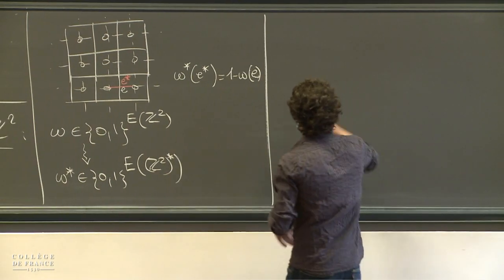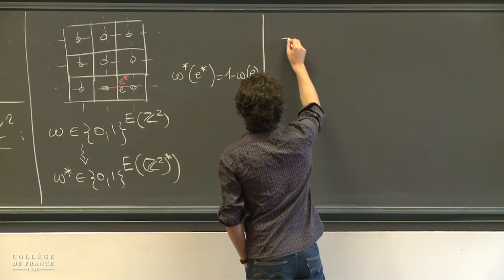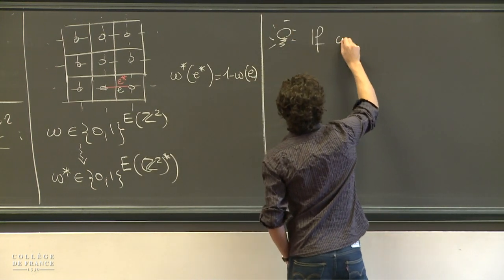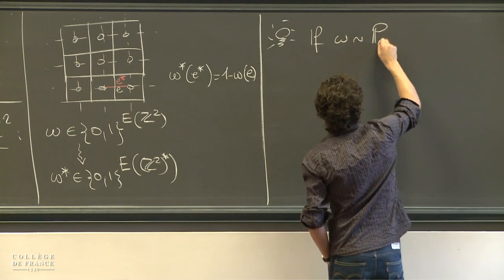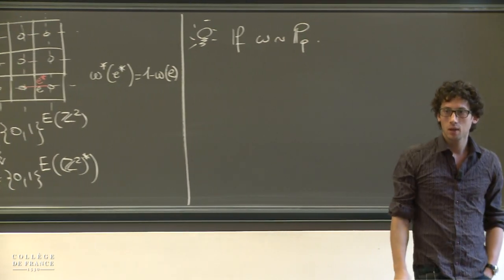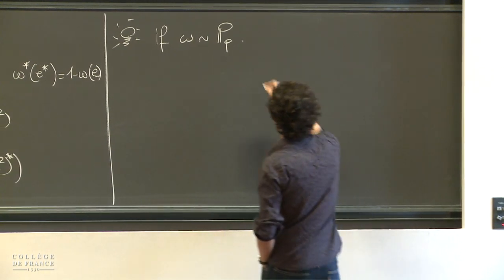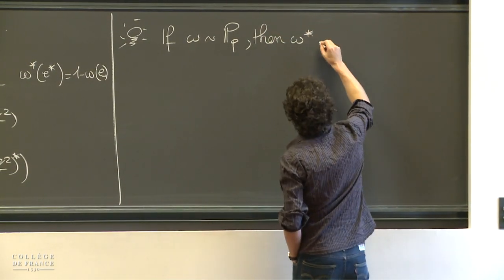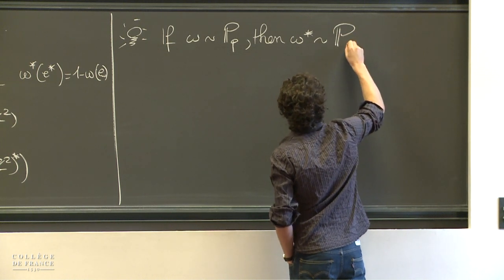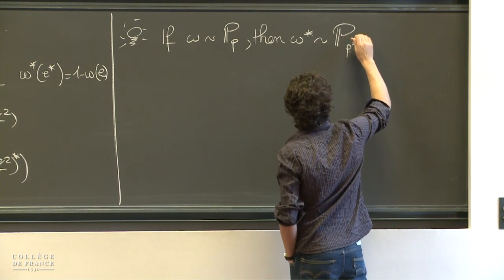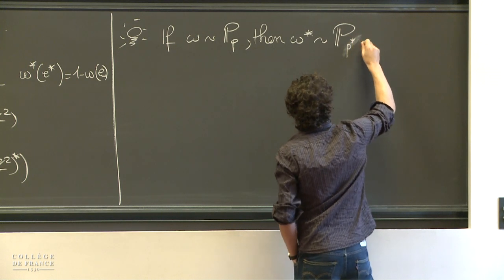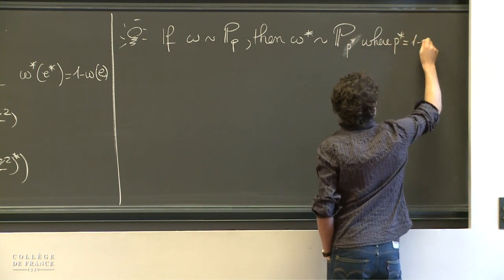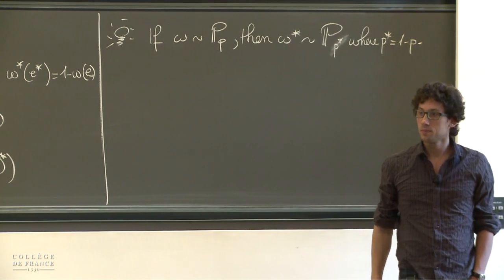Now, just a trivial remark. If omega is sampled according to a percolation of parameter P, then omega star has to be sampled according to a percolation of parameter P star, where P star is just going to be 1 minus P, right?